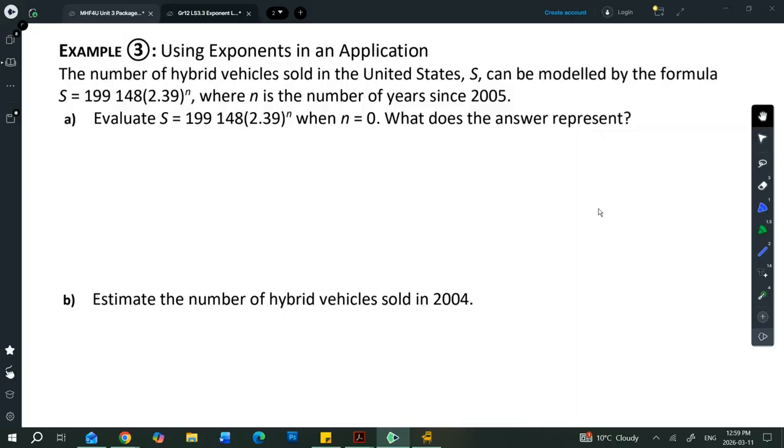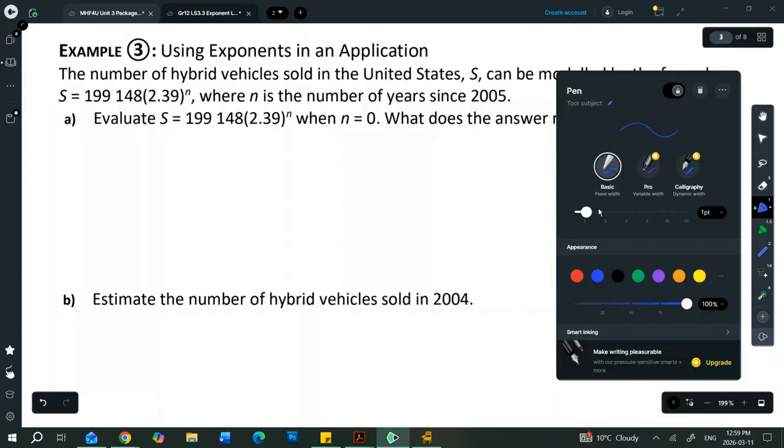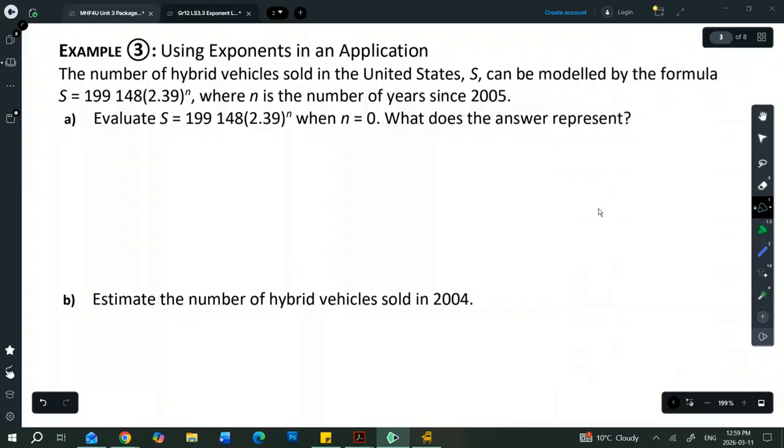Evaluate the formula for n equals 0. What does this formula represent? Okay, so we're going to sub in n equals 0 into the formula.